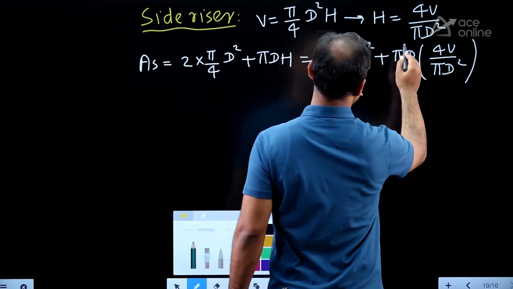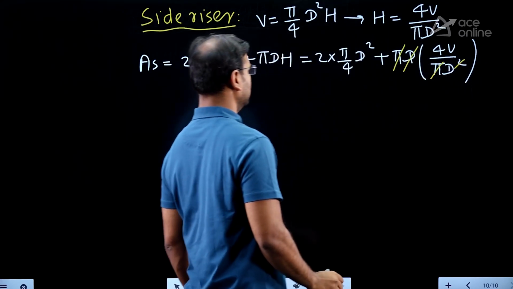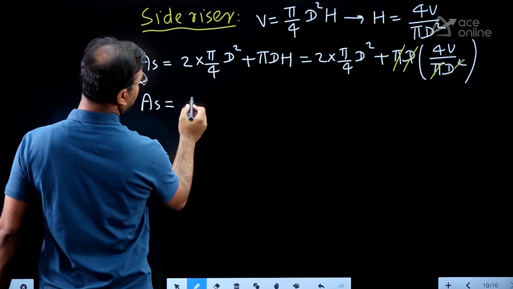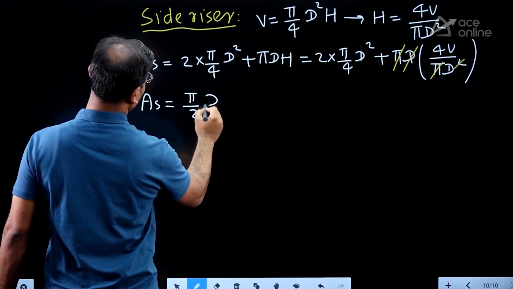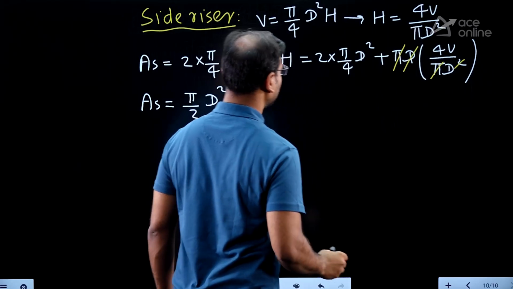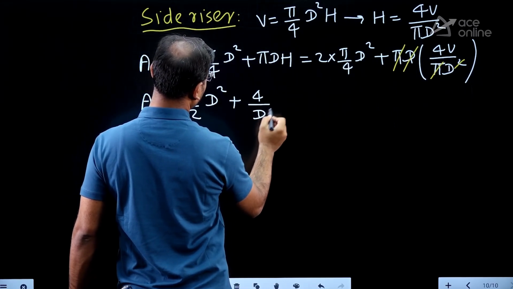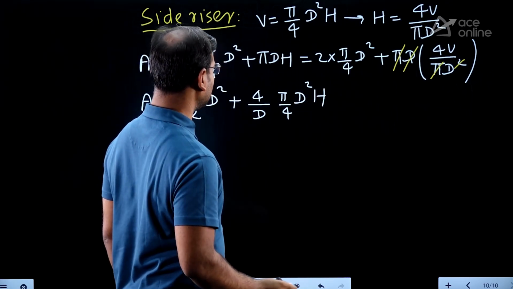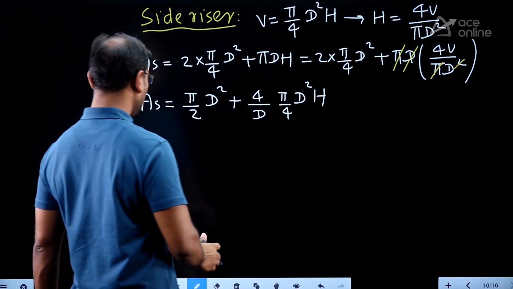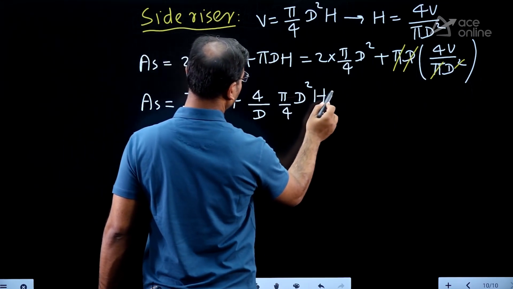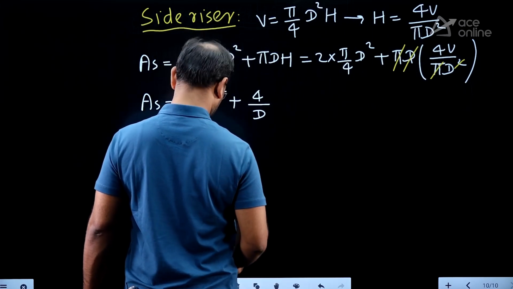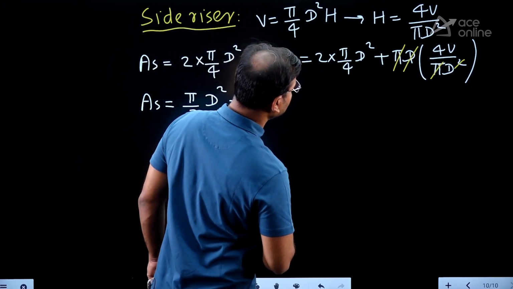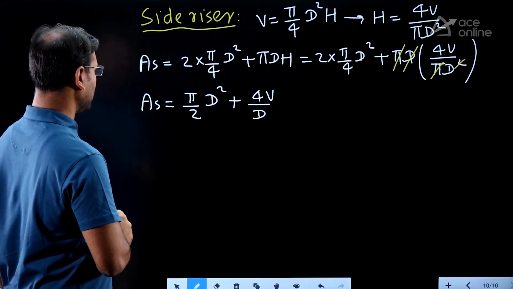Therefore, the pi gets cancelled, and the surface area is equal to pi by 2 D square plus 4V by D. Volume is pi by 4 D square H, but no need to put the volume here, just wait. Pi by 2 D square plus 4V divided by D.